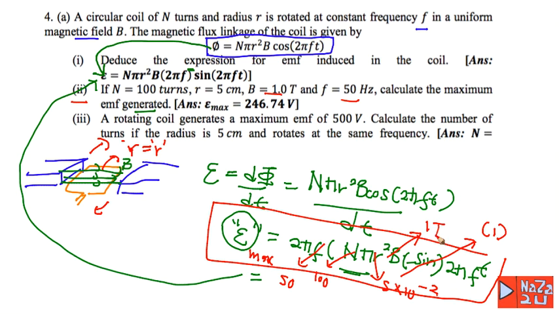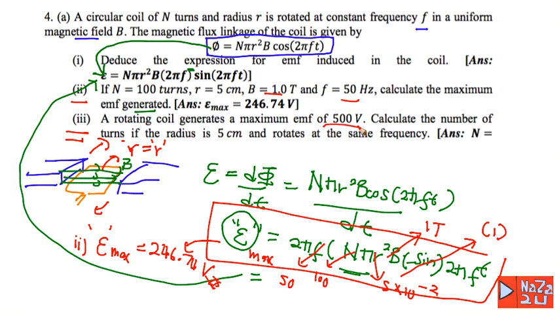Now you can use the calculator to calculate the maximum E for number 2. Maximum EMF is equal to 246.74 volt.